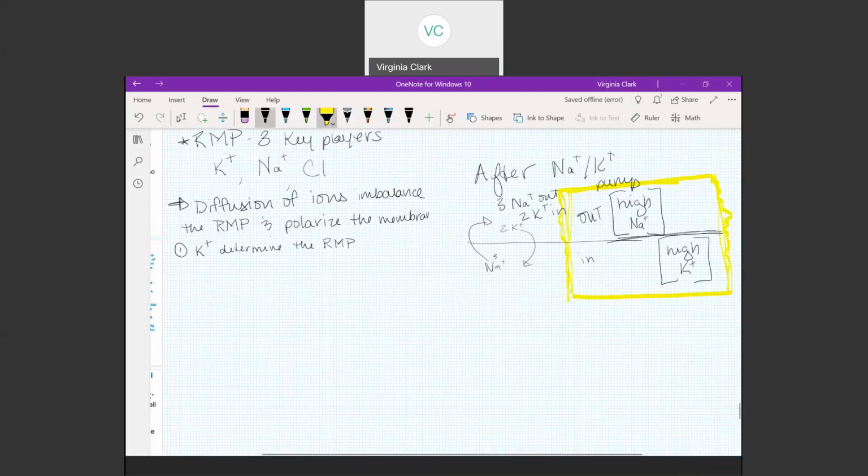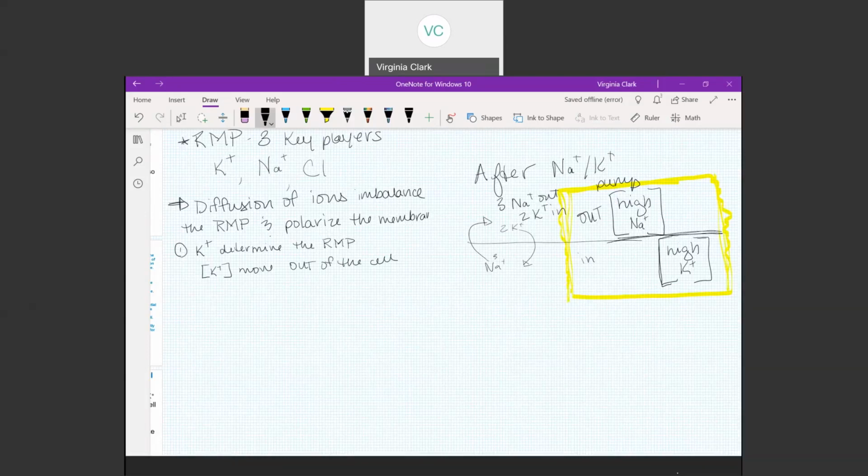So when we say that potassium determines the resting membrane potential, we have a lot of potassium inside the cell. So what is happening here is potassium will move out of the cell.